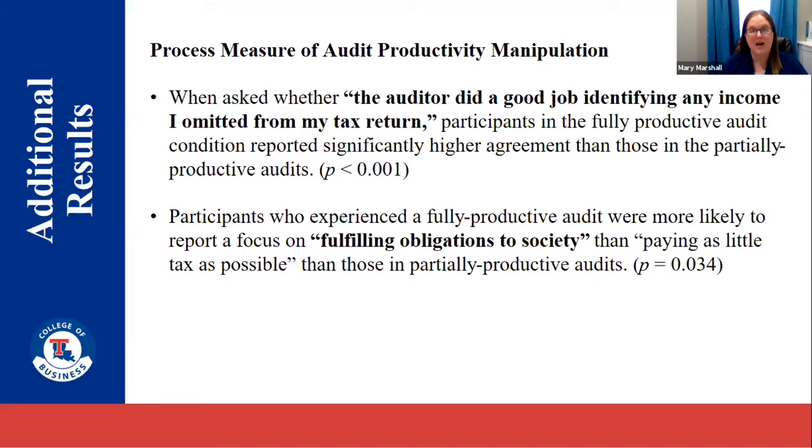But when they saw that the audit was fully effective and fully productive, they were able to focus more on fulfilling obligations to society. Now, some might say maybe that's because of the message, but those messages were evenly distributed across conditions. So this includes participants who did not view a message.